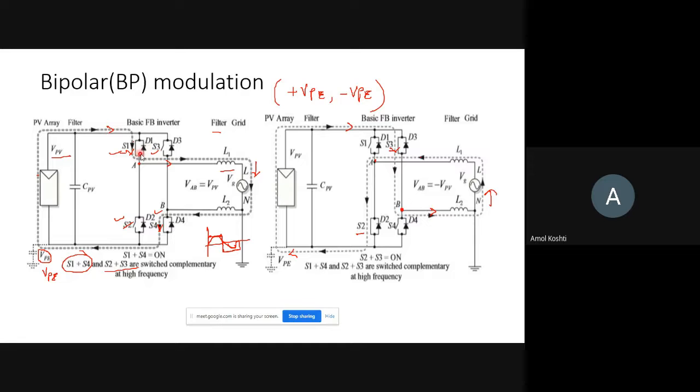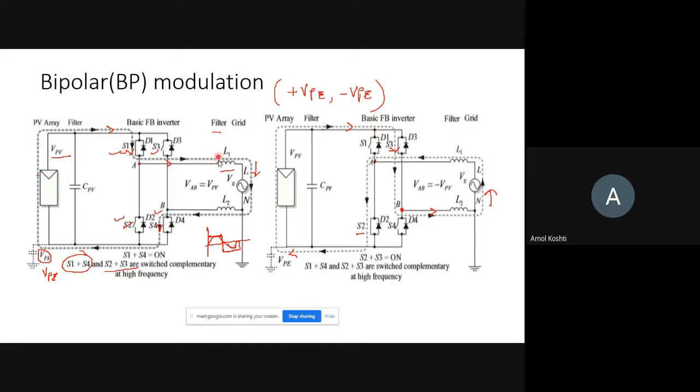The other frequency which we are discussing is for switching of the switches in this converter or inverter. Here we are using a high frequency range from 5 kilohertz to 20 kilohertz. So two frequencies exist here.